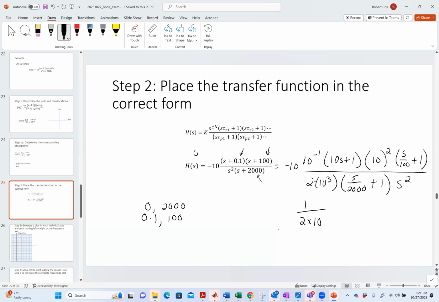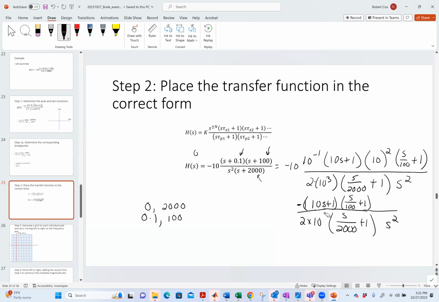The negative sign stays there, so I get a -10, times 10s plus 1, times s over 100 plus 1, over s over 2000 plus 1 times s squared.